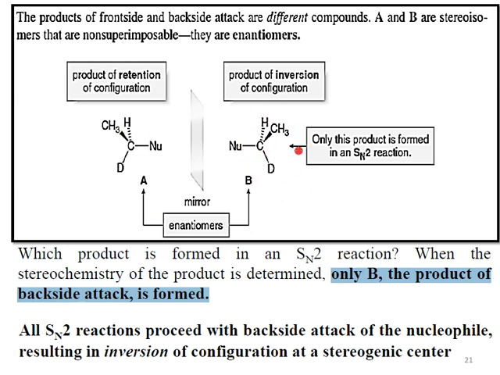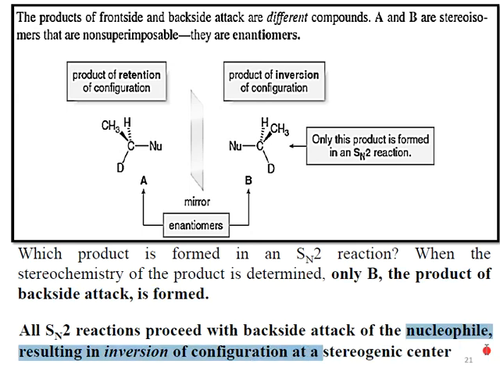If we have an SN2 reaction, the product will be just B. There is no A. It will not be formed. That means all SN2 reactions happen from the backside and give you inversion of the configuration. All SN2 reactions proceed with backside attack from the nucleophile, resulting in inversion of the configuration at the stereogenic center. This is very important.